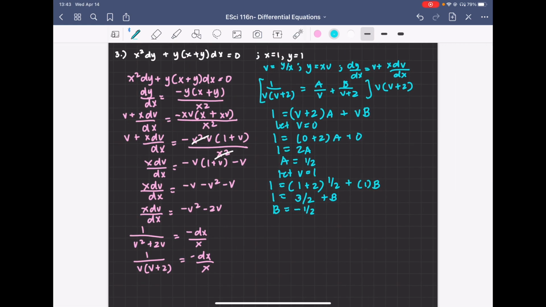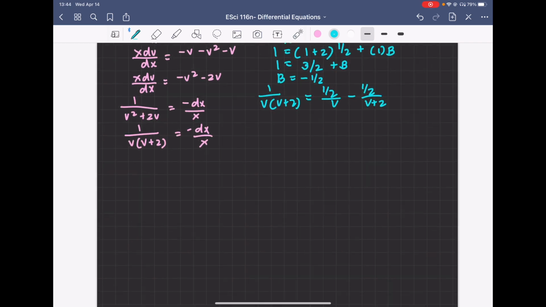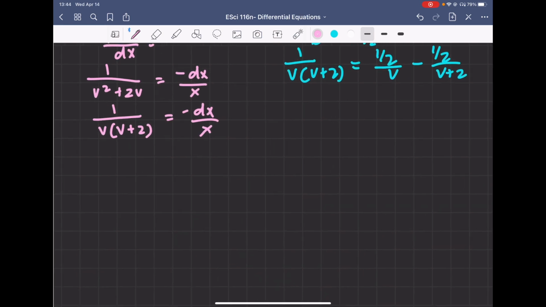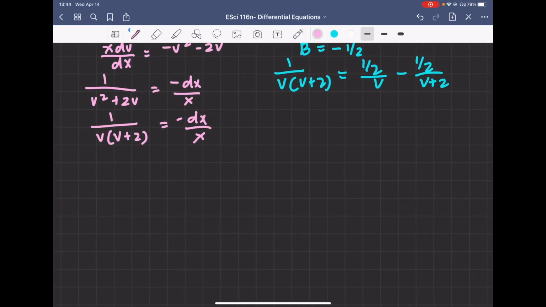Therefore, 1 over v times v plus 2 equals 1/2 over v minus 1/2 over v plus 2. So putting that back into our main equation, that is the integral of 1/2 over v minus 1/2 over v plus 2 dv equals negative dx over x.